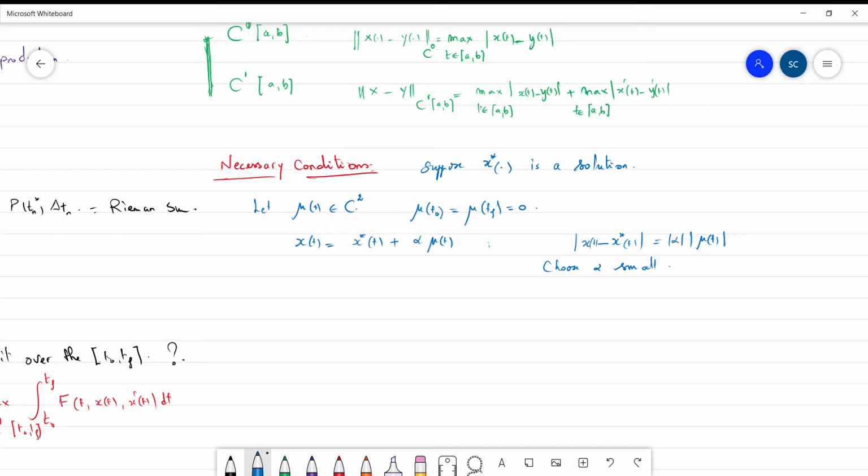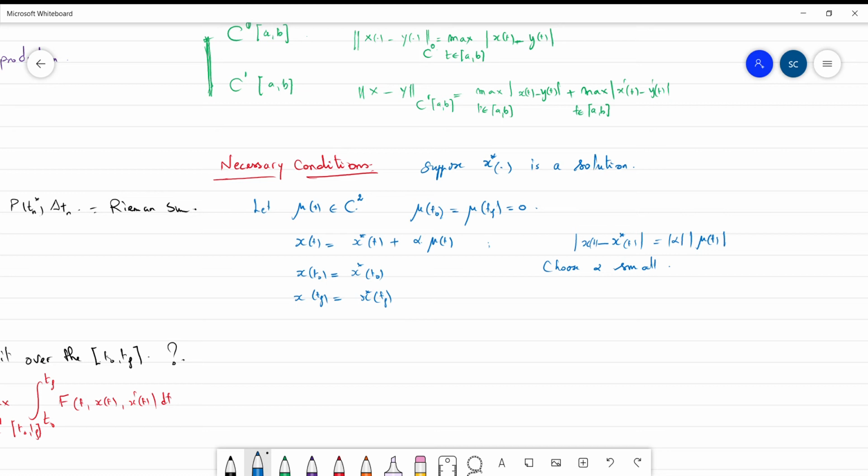Let's also remark that x at t0 is equal to x star at t0, since mu at t0 is 0, and x at t final is also x star at t final. So it takes the same values at the endpoints.